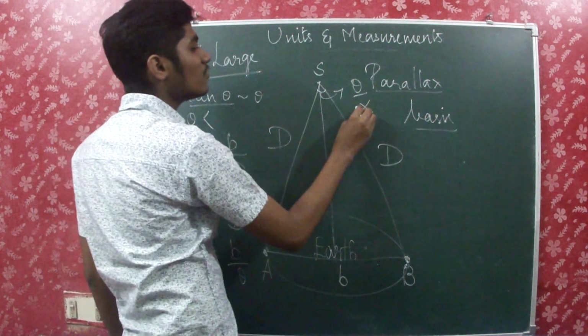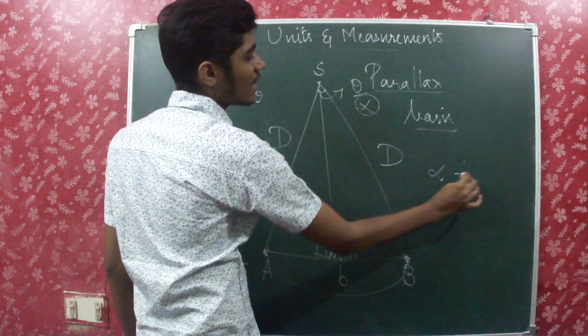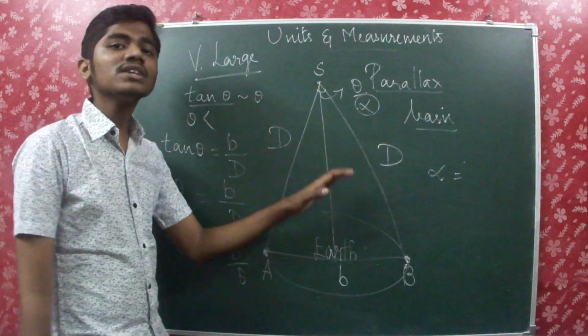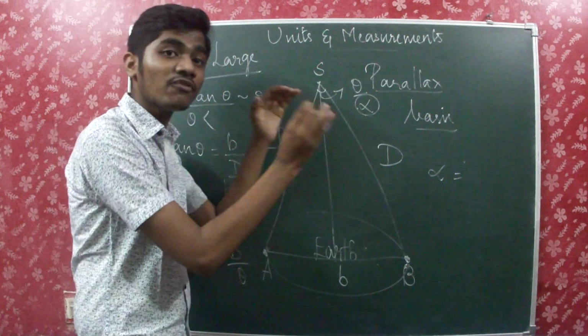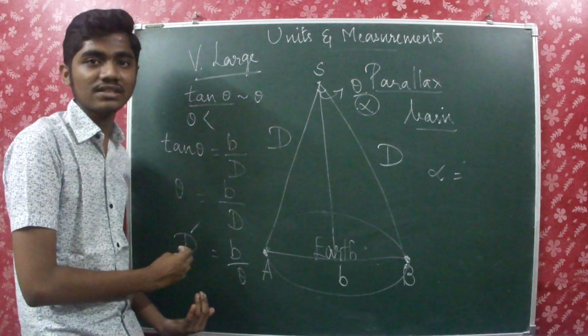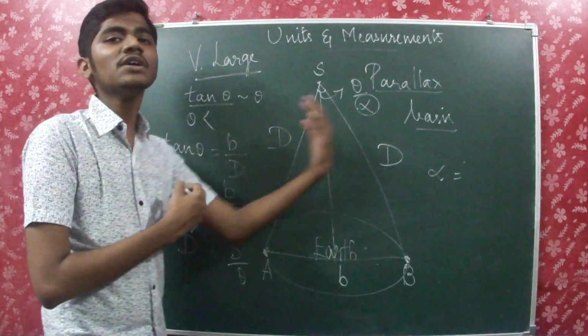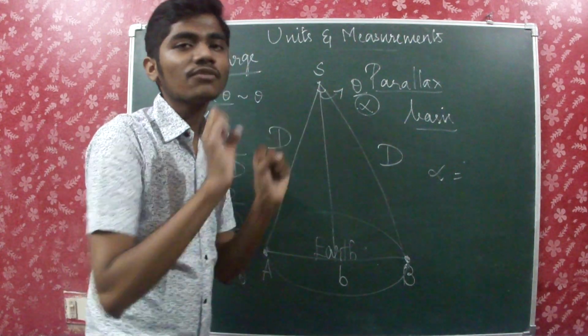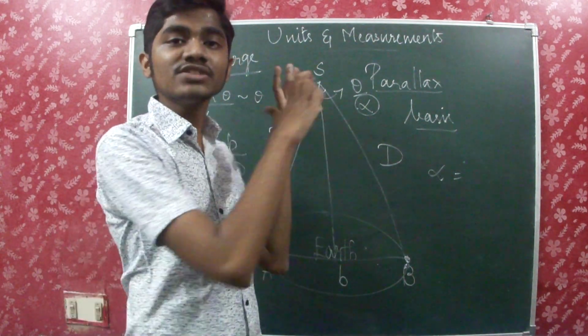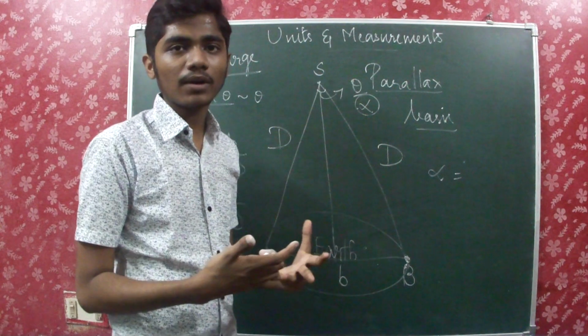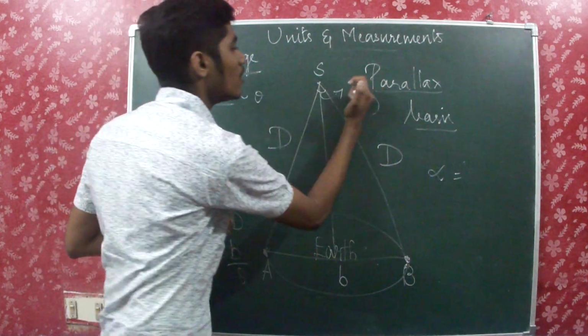If you take it to be alpha, then it will be the same thing, you know the distance. The aim of the first thing which we did was to find the distance. So with that distance we will be finding out the size of the planet or the star which we are aiming for.